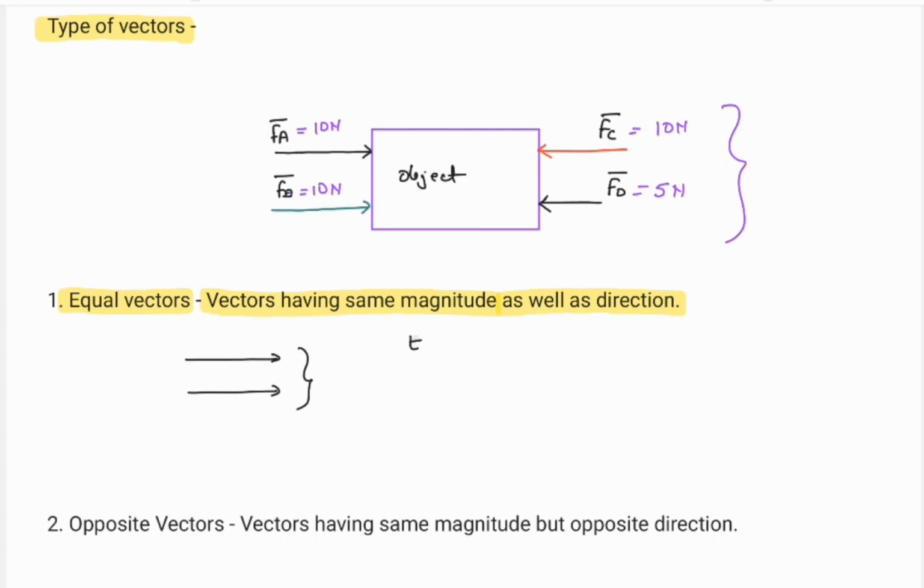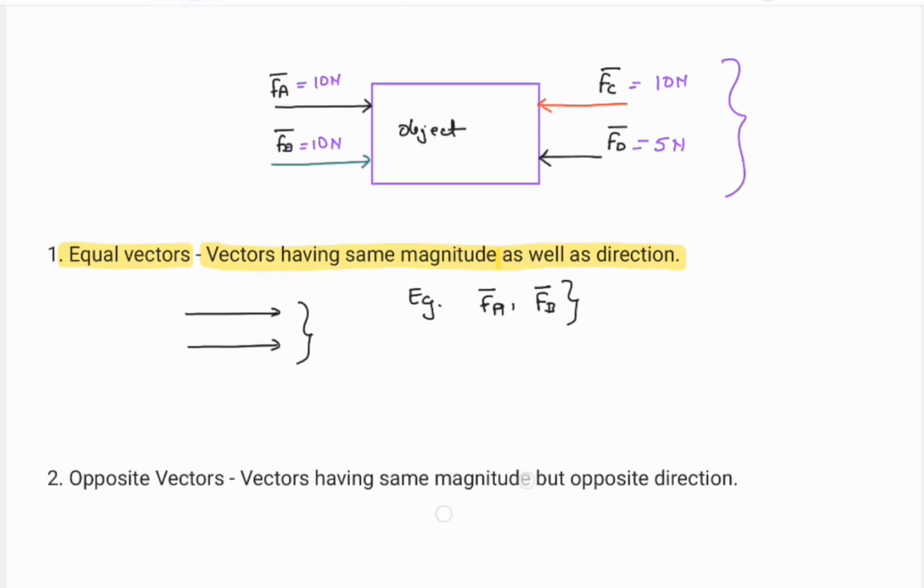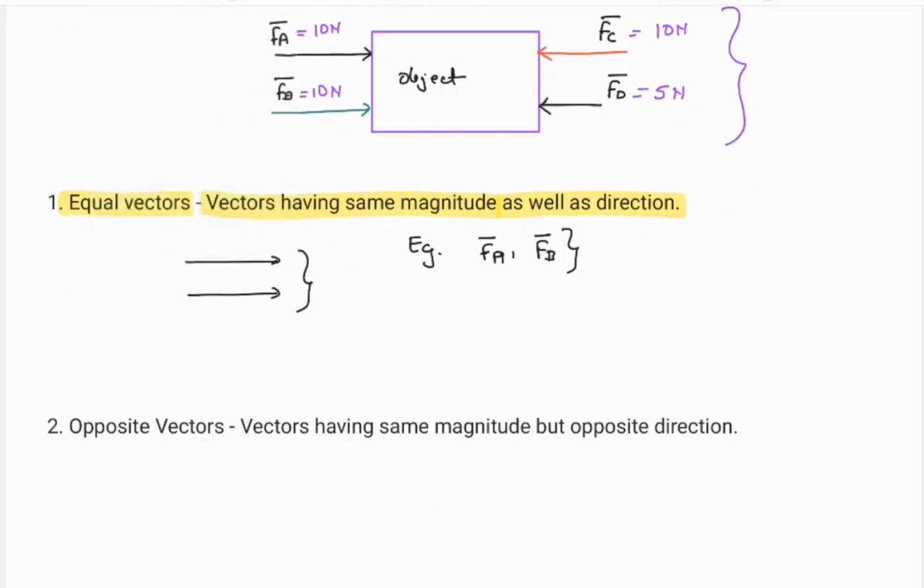From the given example, we can say F of A and F of B are the equal vectors. Why? Because they both are applied in the same direction and both are having a magnitude of 10 Newton.